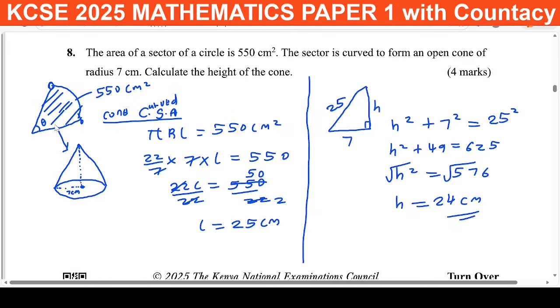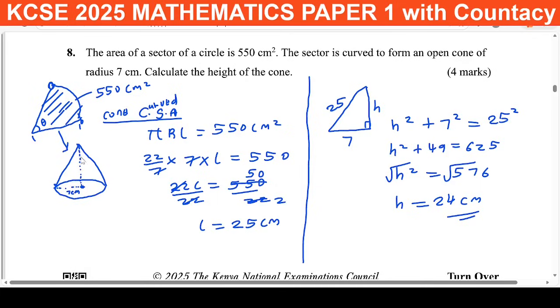This length from here to here becomes the length from here to here, and this part from here to here, which is the circumference of this particular part, becomes the whole circumference that is right here. So that is how it gets to transform.